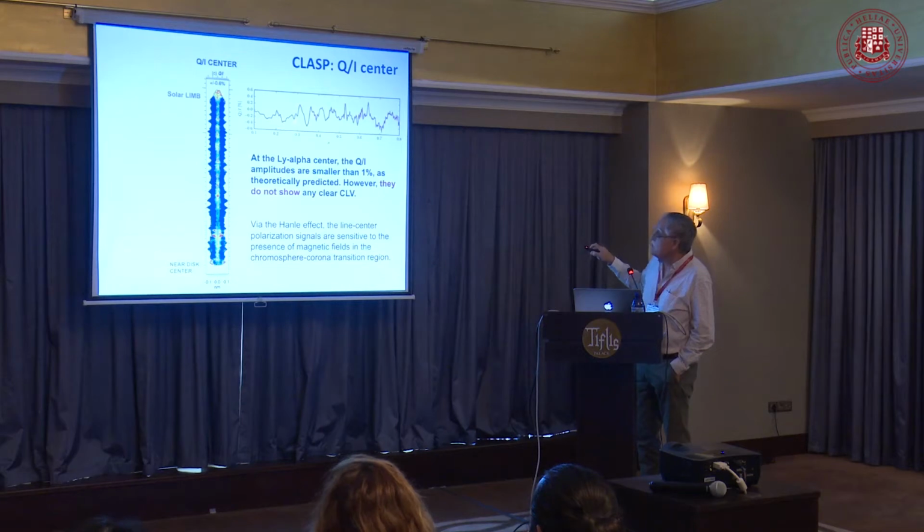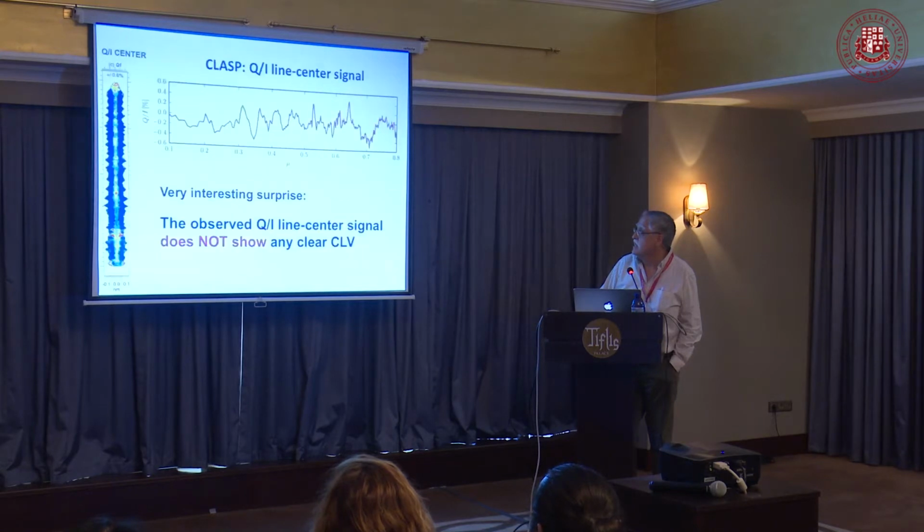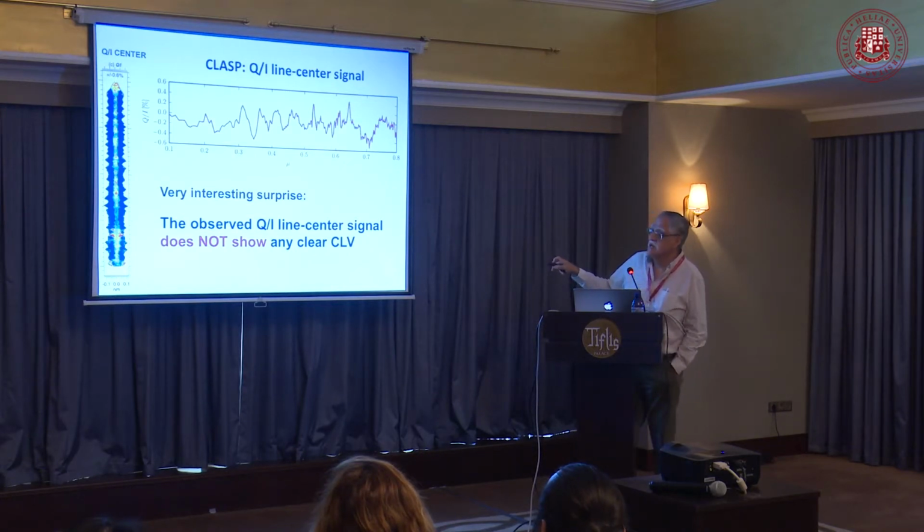They are smaller than 1%, in agreement with the prediction, but surprisingly, they do not show any center to limb variation. So this is a very interesting surprise, and understanding it, I think, is very interesting, because it will allow us to discover new things that we didn't expect.